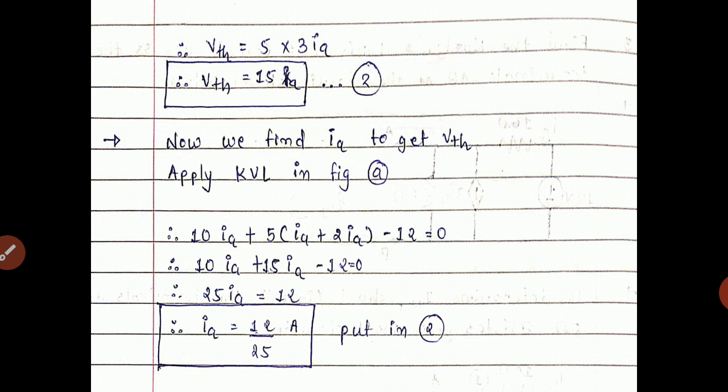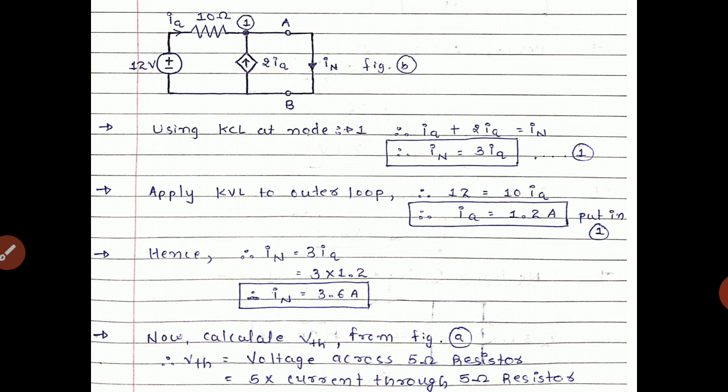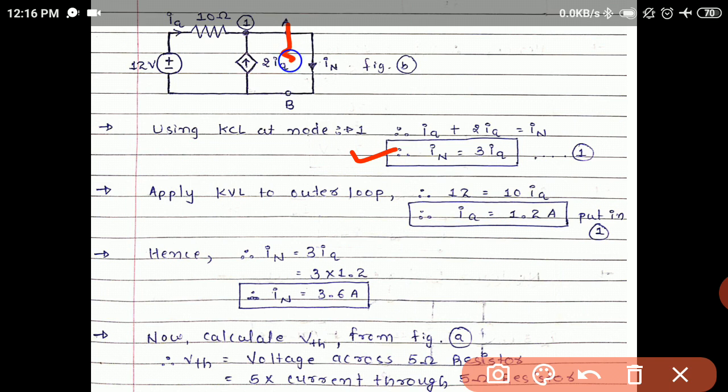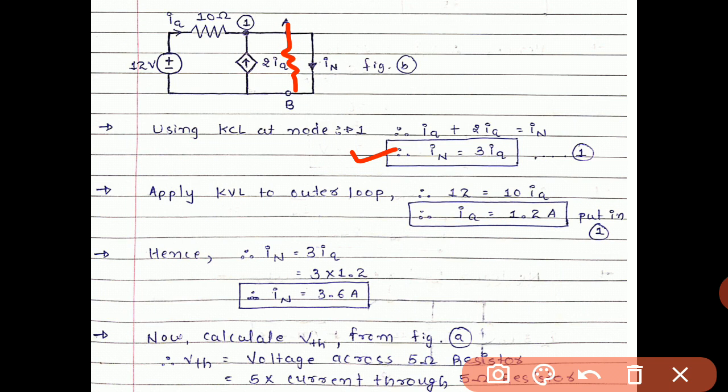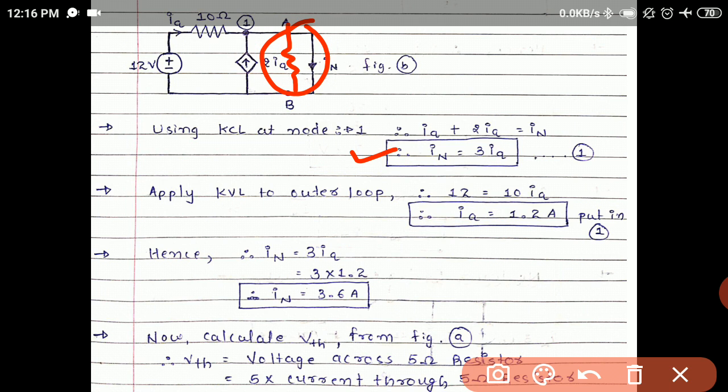How is 3IA multiplied? Because 3IA is nothing but our IN, and IN is flowing from terminal A to B, through the resistor given here, this 5 ohm. So IN will also flow through this resistance.